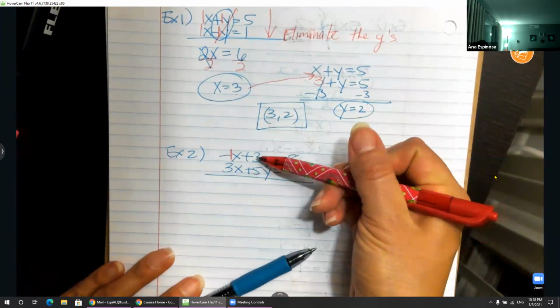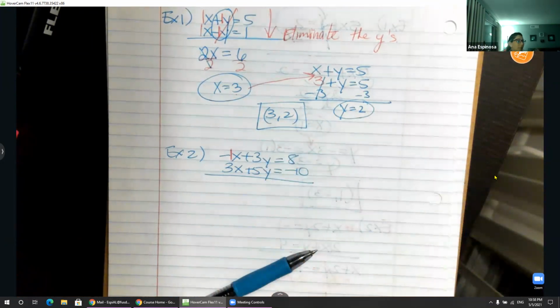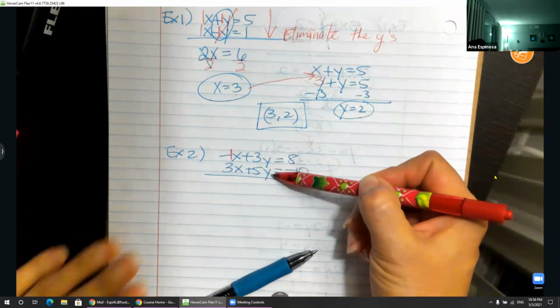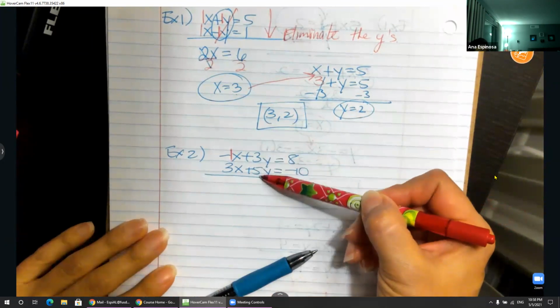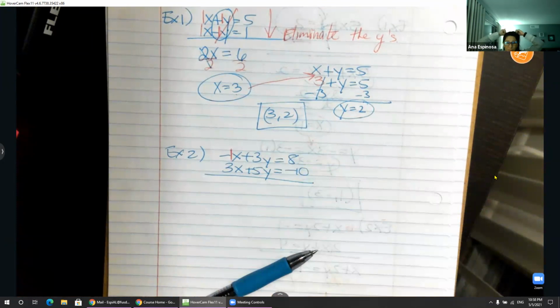How about this one? This is a 3 and this is a 5. If I add them, do I get 0? No, you get 8. So here you have a couple choices. If you wanted to get rid of the y's, these would have to match. You cannot make a 3 a 5 or a 5 a 3, and when you're dealing with equations, you are only allowed to multiply the entire equation by a number.